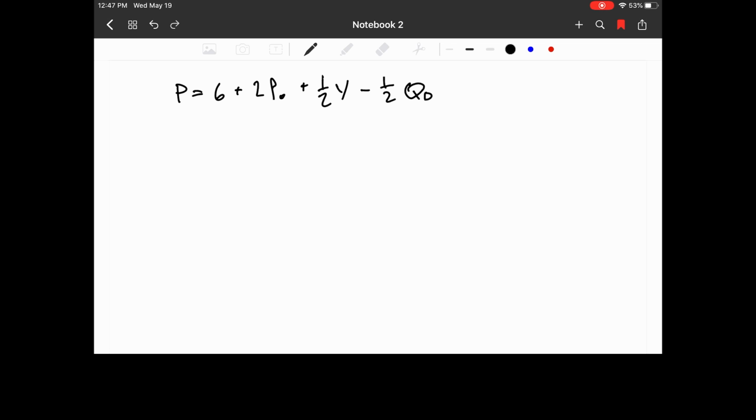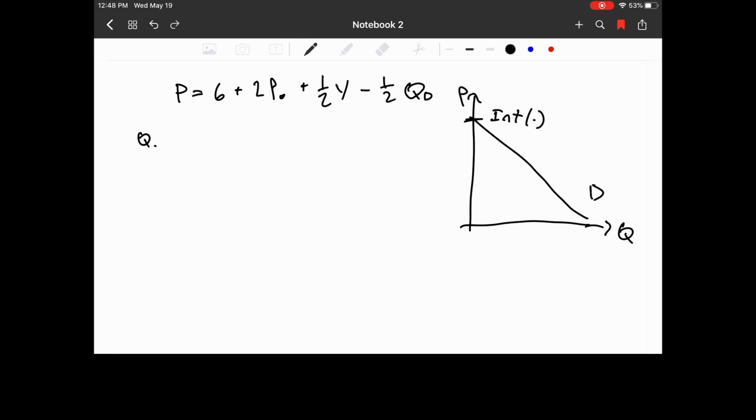So the first question, what happens to the graph if the price of cheese decreases? On the right hand side here, I'm going to set up a simple little graph. Quantity on the horizontal, price on the vertical, and our downward sloping demand curve. Here's our intercept as a function of our variables.